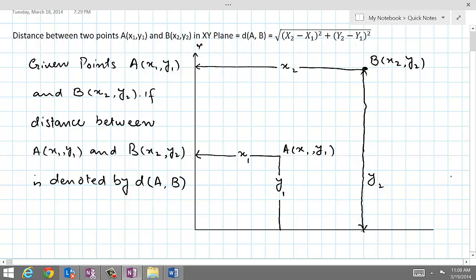Now if we complete this triangle between point A and B, this direct distance from A to B is in fact the distance we want to measure. If we make a triangle here, this is the base of the triangle.